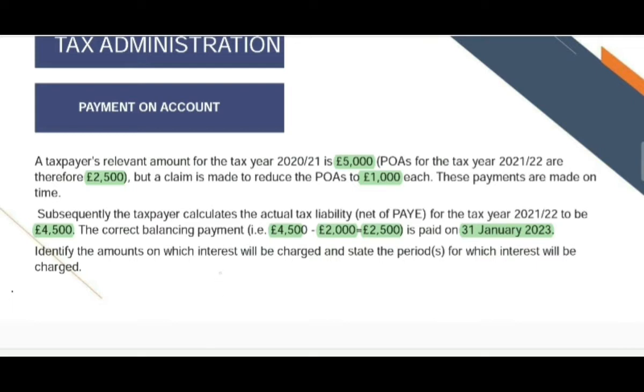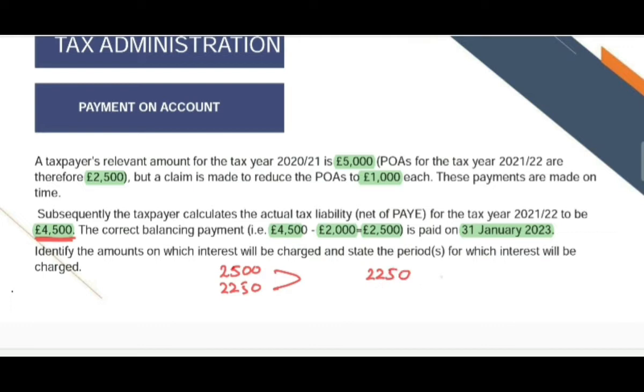Amount that should have been paid is said to be 2,500, the payment on account on the basis of original relevant amount, and 2,250. What is 2,250? 50% of final tax liability. Whichever is lower is the amount that should have been paid, and that is 2,250.